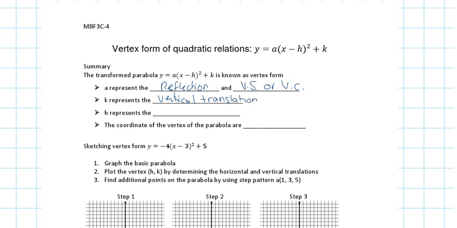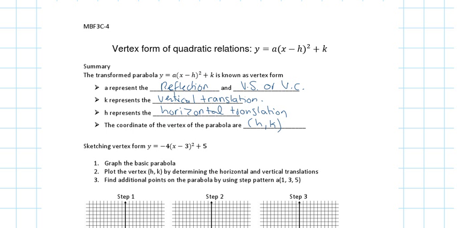H represents translation. And then the coordinates of the vertex of the parabola are? H and K. Thank you. I knew you knew. All right. Are we okay with this so far? Good.